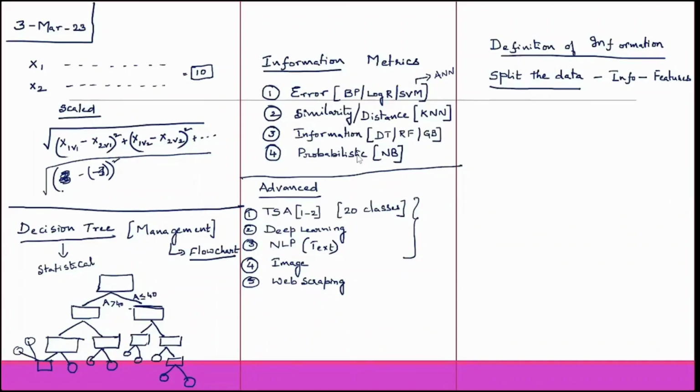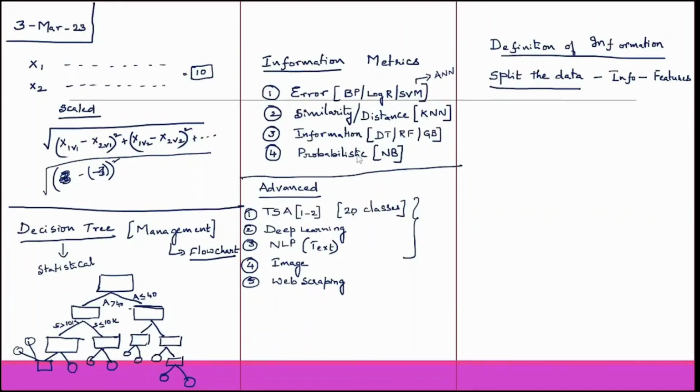Then the next split might happen based on, let's say, salary greater than 10,000 and salary less than or equal to 10,000. Now, on what basis are these splits happening? That is going to become the most important aspect.